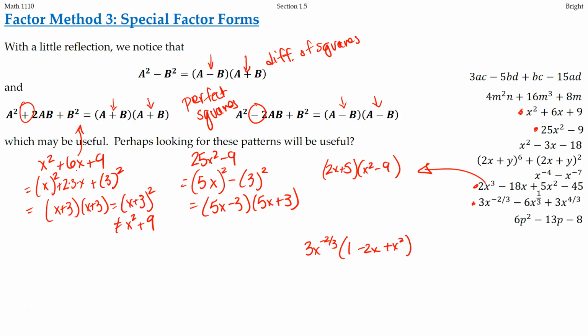Now I want you to try to finish the factorization of each of these. Certainly there's going to be a 2x plus 5 in this first one, and then something else. And in this last one, the 3x to the minus 2/3 is going to be hanging out in front, and then we're going to have something else. So take a minute, pause the video, and answer these quiz questions.